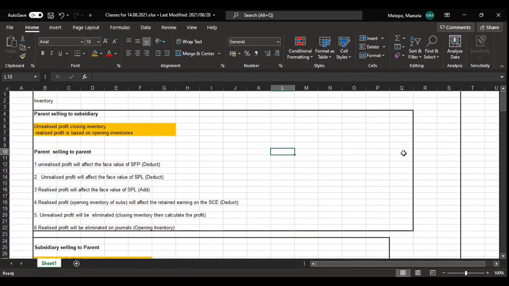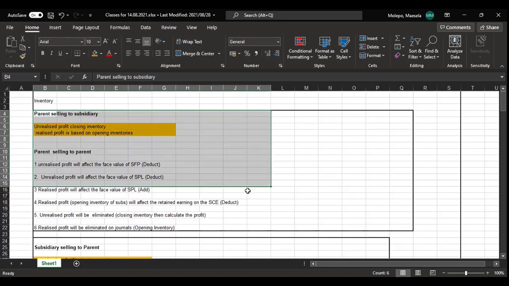On the inventory side, parent selling to subsidiary, unrealized profit on closing inventory is the one that we're going to focus on. So the realized profit is based on the opening. So even when they say eliminate unrealized profit, it means your unrealized profit will be on the closing inventory. The realized profit will be on the opening. So I will request you to write this information, the one of parent selling to subsidiary, up to here. Then it's what we're going to focus on today, in this example.